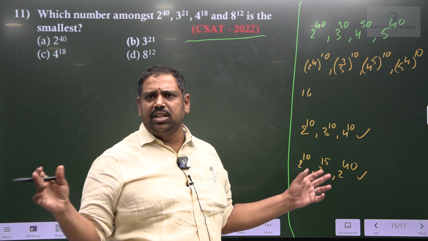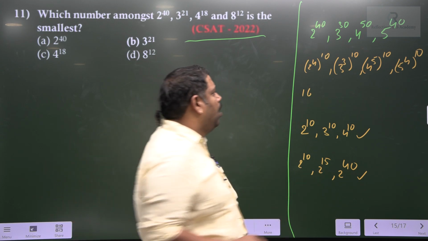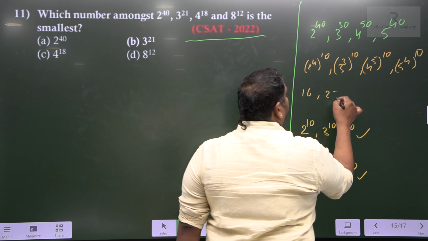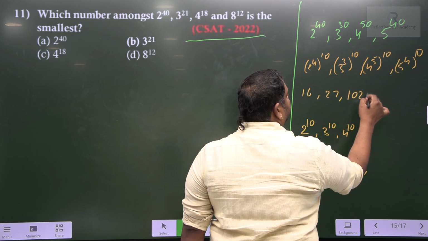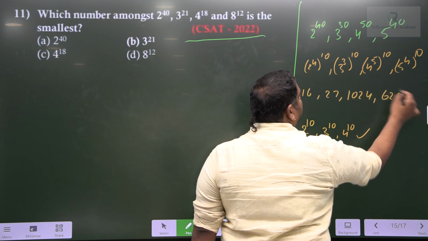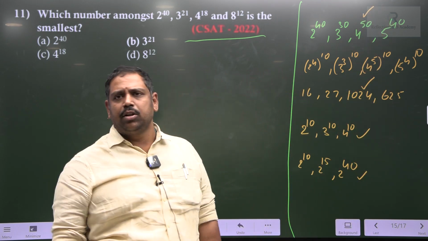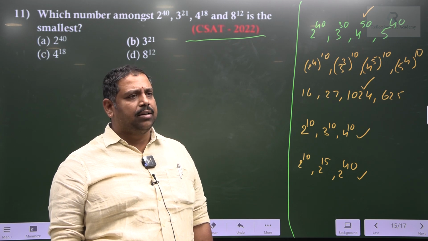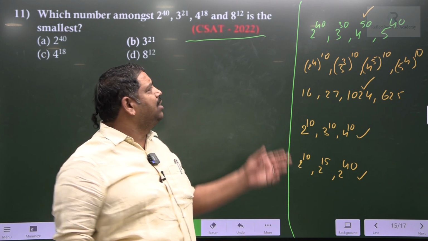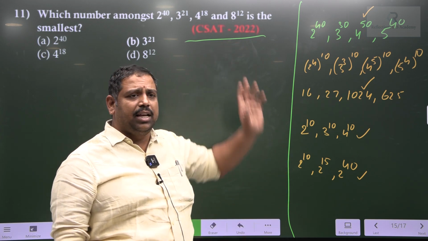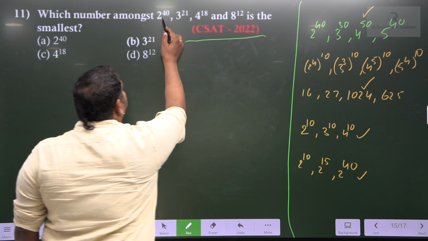Where the base is greatest, there it is greatest. 3 cube is 27, 4 power 5 is 1024, 5 power 4 is 625. This is the greatest of all. Do you understand, all of you? We have to do like that. But the beauty that the CSAT people or UPSC person enjoyed here is that the HCF for these numbers is 1.